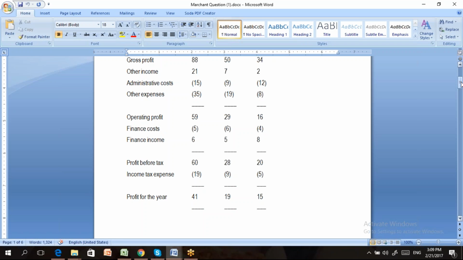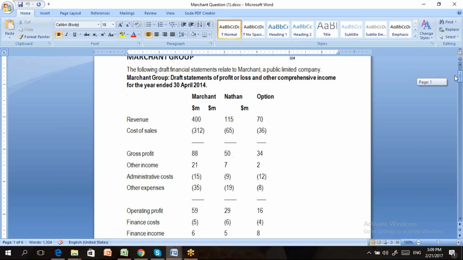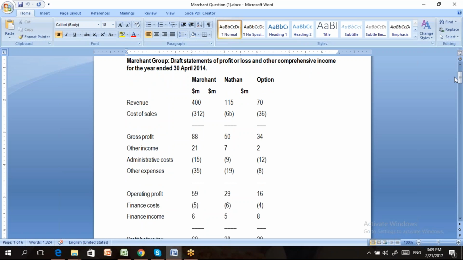So, Nathan's company, what is the figure we have? We have 50. Administrative cost 7 is all right, other incomes 9 is all right, other expenses 9 is all right. Finance cost we have a 6, that's all right. Finance income we have 5, all right. The only correction I had to do was to bring that cash flow hedge loss, which they show under finance cost, because it's not a finance cost.